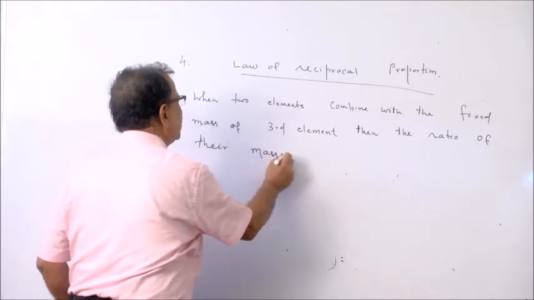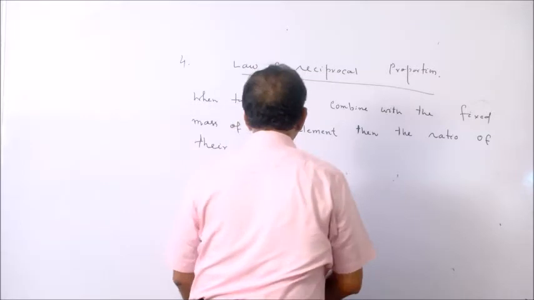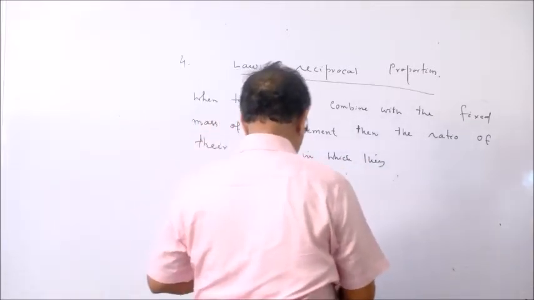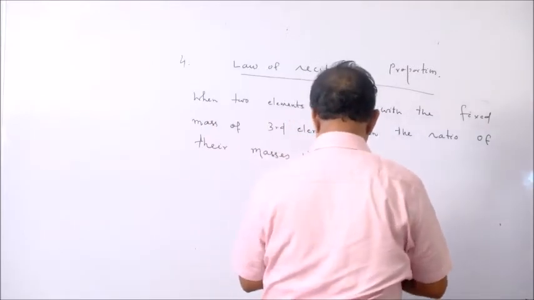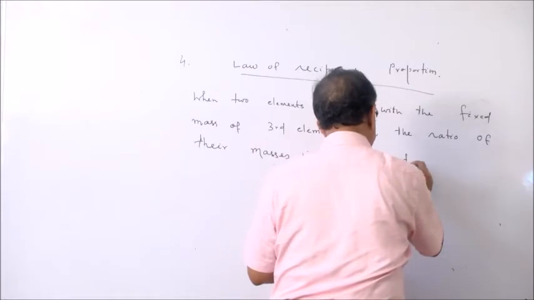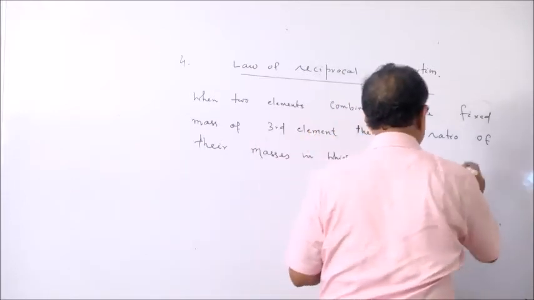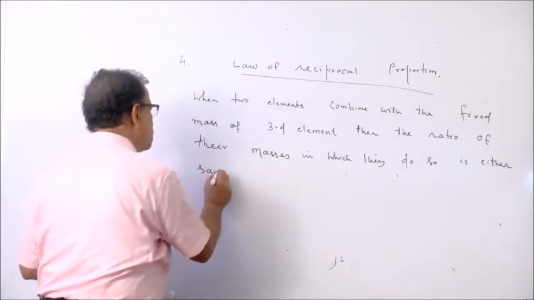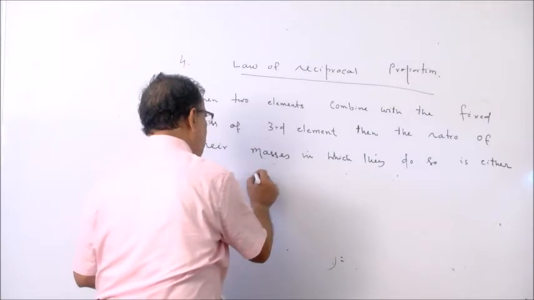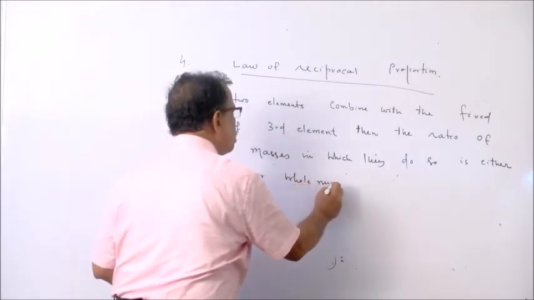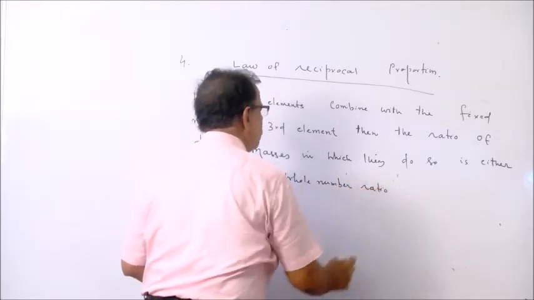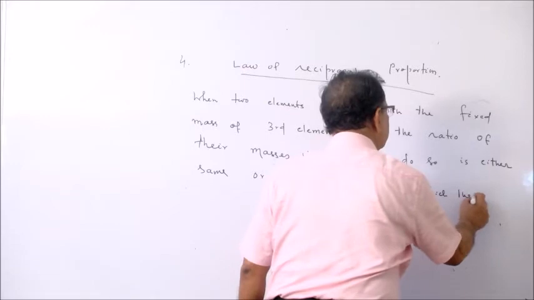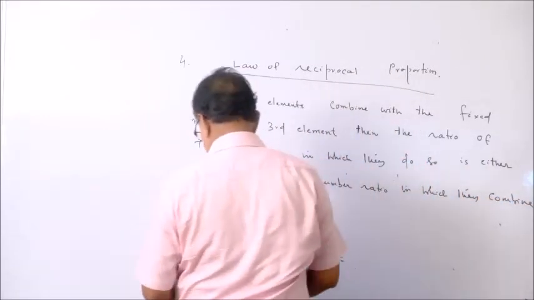in which they do so is either the same or a whole number ratio, in which they combine with each other.